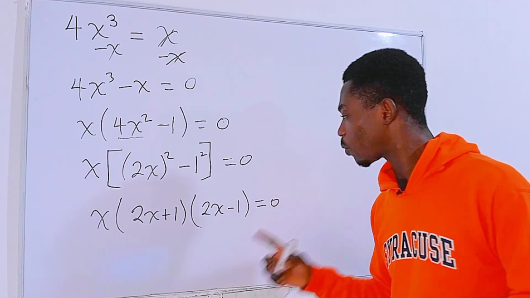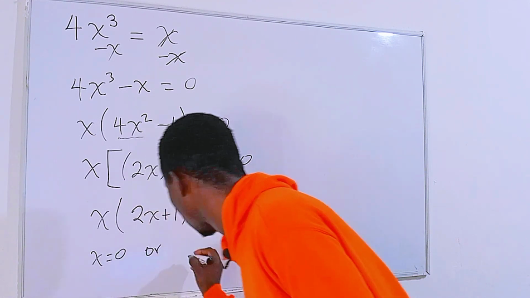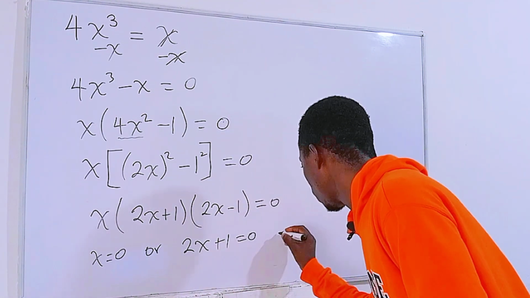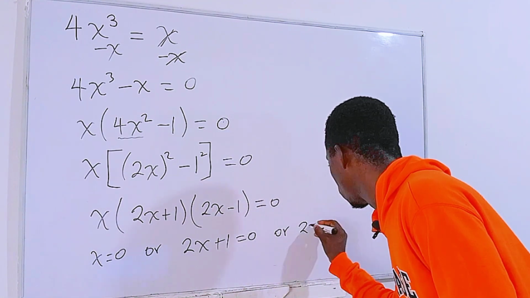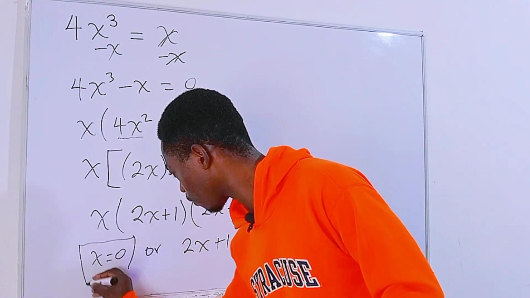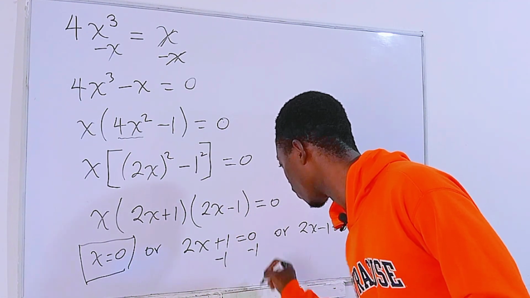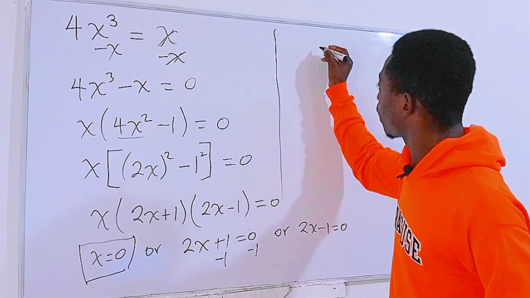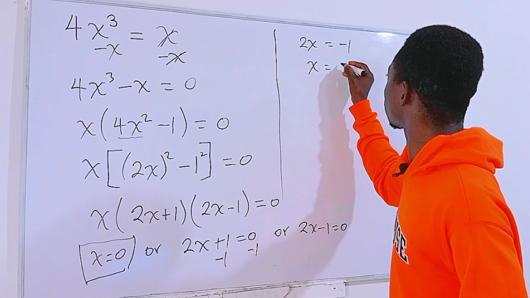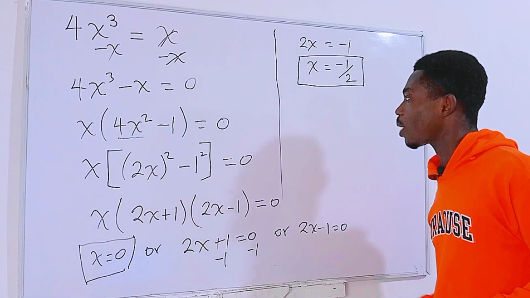Now we can form three equations. The first one is going to be x is equal to 0, or the second one is 2x plus 1 is 0, or the third equation is 2x minus 1 is 0. And we can clearly see that this is one of the solutions. Then from here, let's subtract 1 on each side of the equation so that we get 2x is equal to negative 1, and x is equal to negative 1 half as one of the solutions as well.